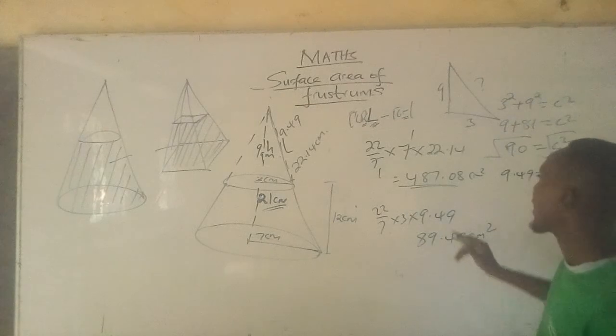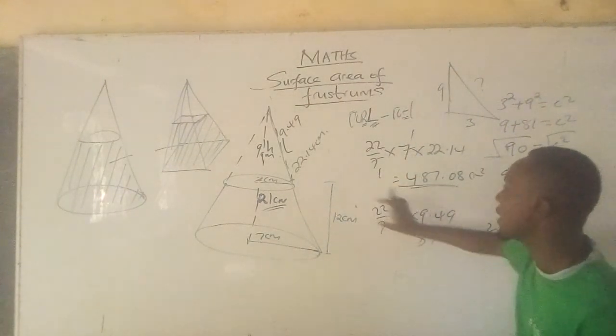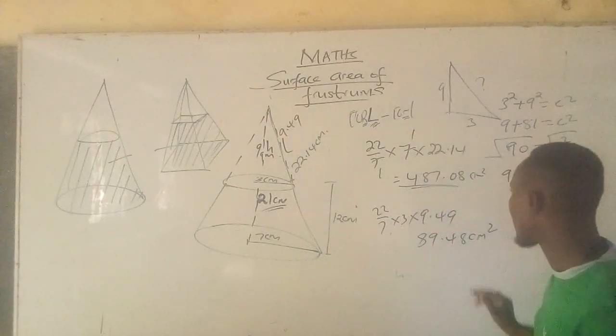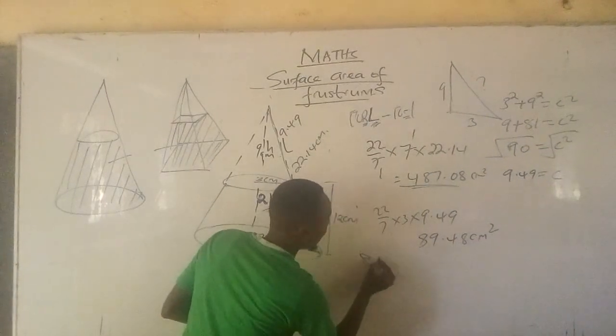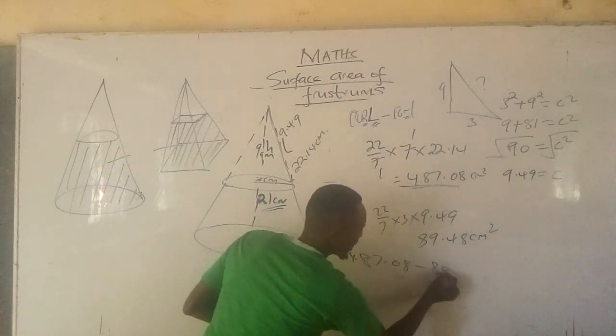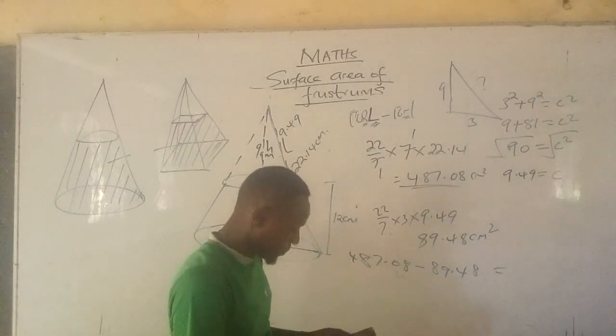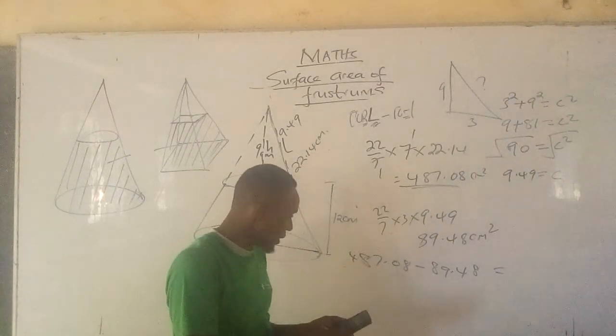centimeters squared. So we are now going to subtract the area of the smaller cone from the area of the original cone to get the frustum. So that is 487.08 subtract 89.48.